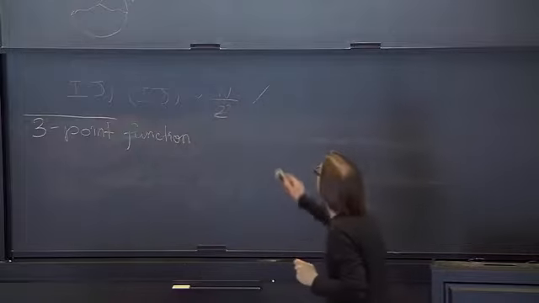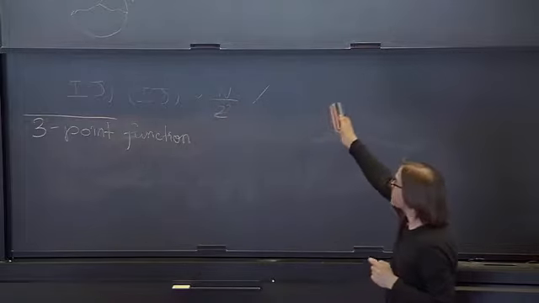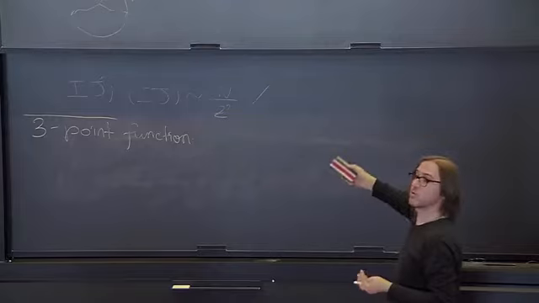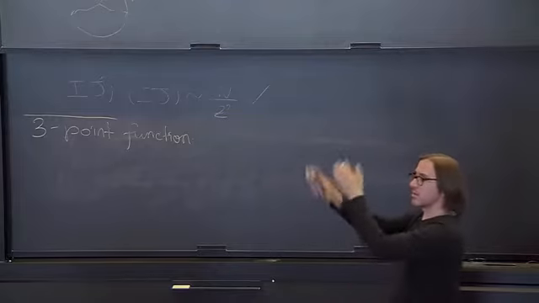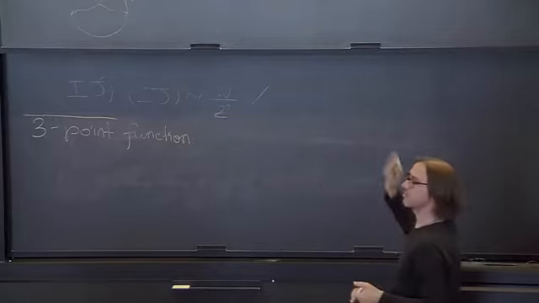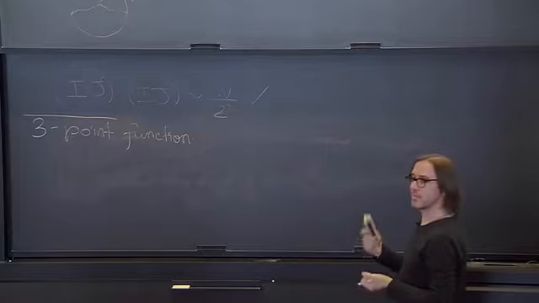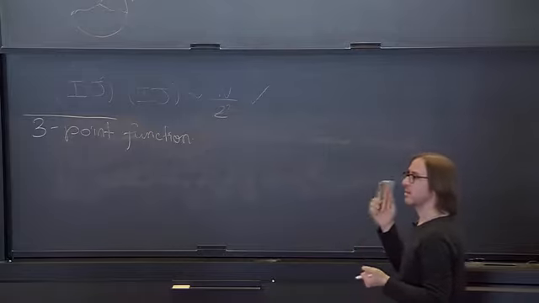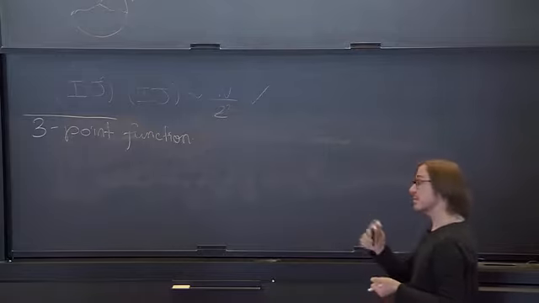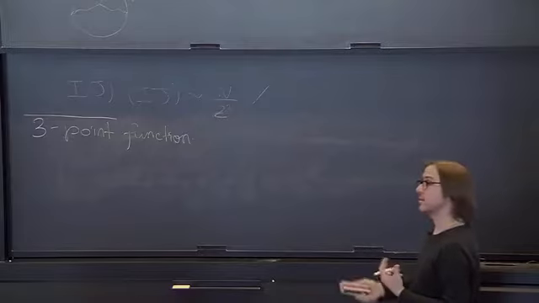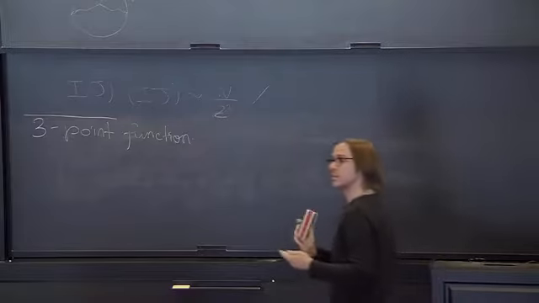To actually compute this 3-point function, one has to perform an integral over all of SL2C of some explicit quantity. And being rather lazy, I don't want to do that. So what I'm going to do instead is write the 3-point function in terms of the OPE and the 2-point functions.